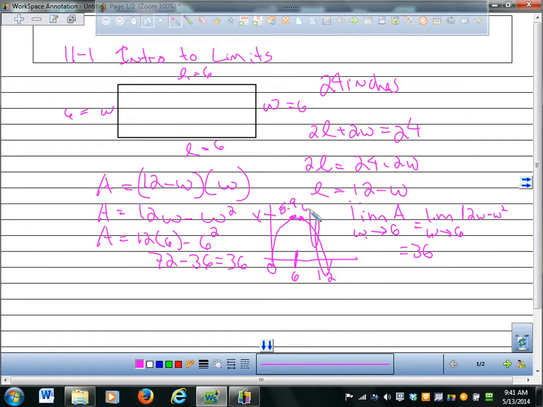If I plugged in 6.1, I would get a number close to 36. If I got closer to 6, like 5.999, I would get closer and closer to 36. As you get closer and closer to some x value, what is the y value that you're approaching? That's called a limit.